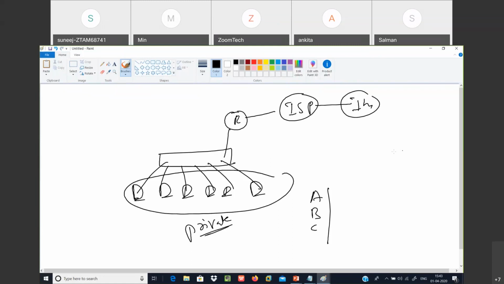Will there be any conflict if we use public IPs here also, and also connected to the internet? No conflict. So this is only a nomenclature. Is it good practice?